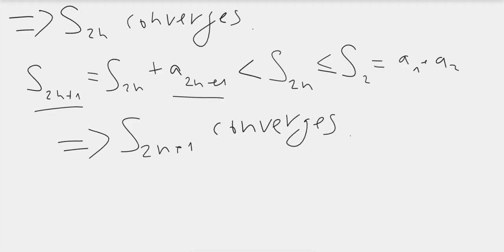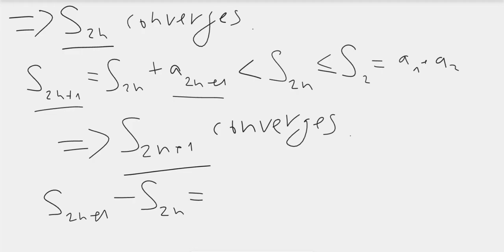So now we see that both sequences, S2n and S2n plus 1, both of them converge, and the difference between them, S2n plus 1 minus S2n, is equal to a2n plus 1.